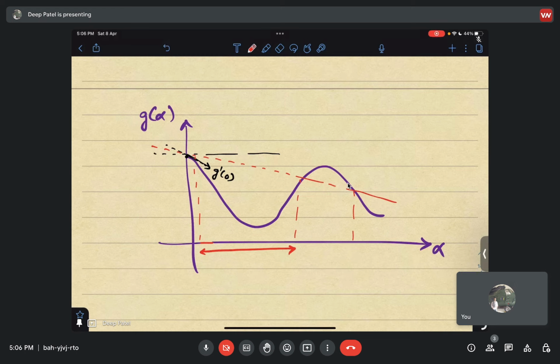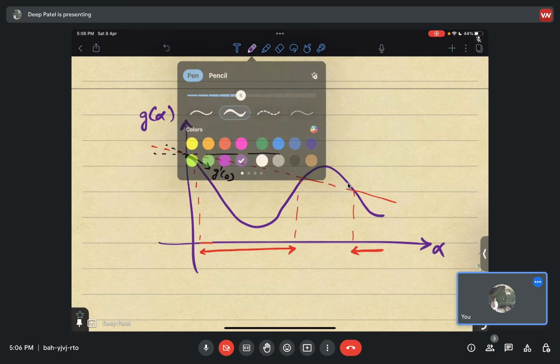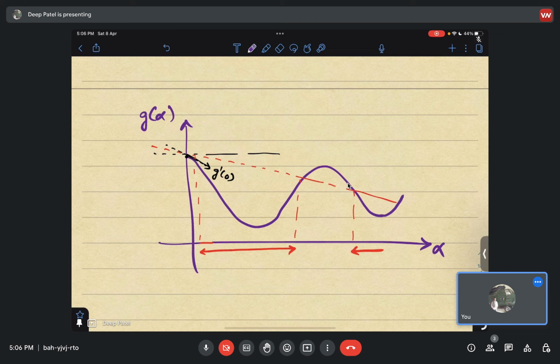Similarly, this region is fine. So I should have completed this. So this is the first condition, right? Yeah, this is the first one. So here I said that the slope is c1 times g dash 0, where 0 is less than c1 less than 1.